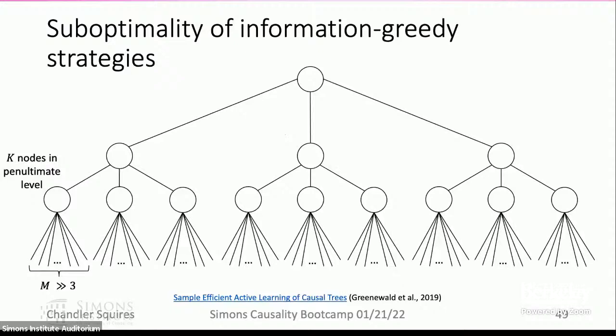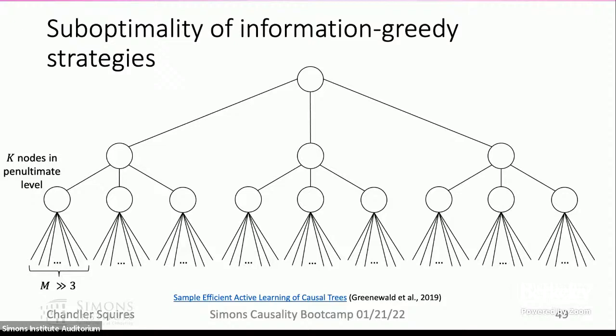Okay, so there's this kind of wacky construction of a case where what I call the information greedy strategy, where you're trying to maximize the average information gain, or minimize the average amount of entropy left in your distribution, is actually going to be using an exponentially suboptimal number of interventions.